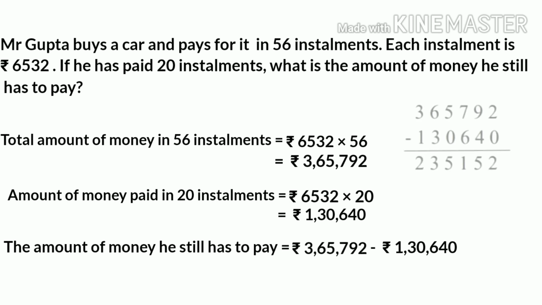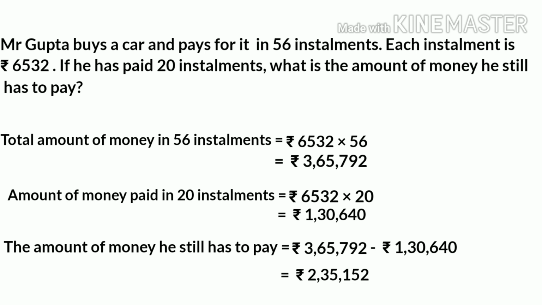So 3,65,792 minus 1,30,640 is 2,35,152. Therefore, the amount of money he still has to pay is equal to 2,35,152.